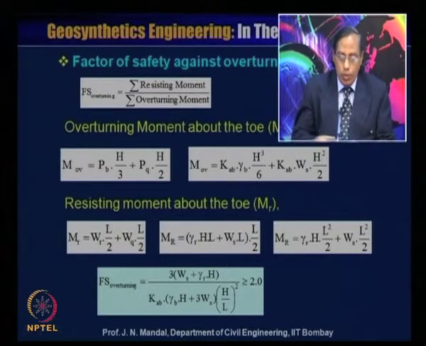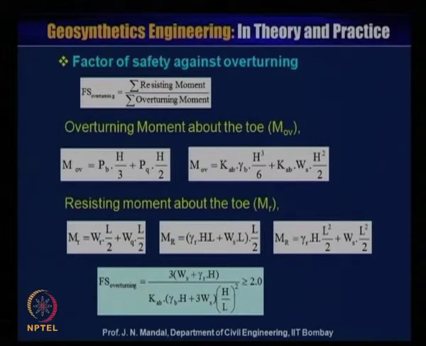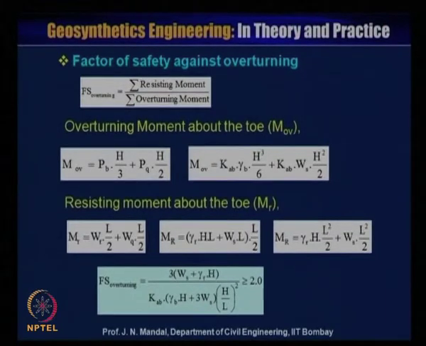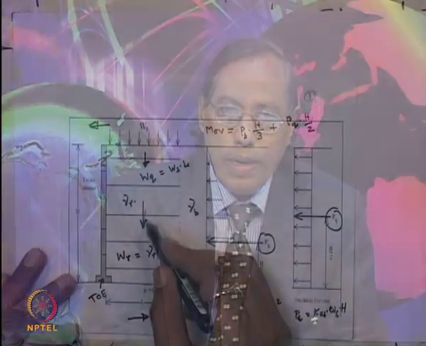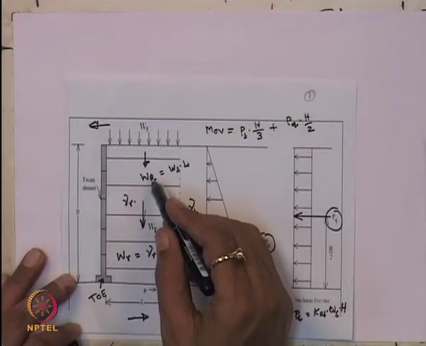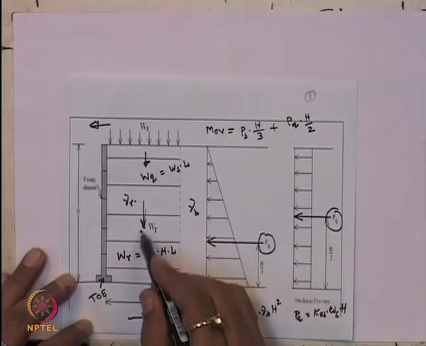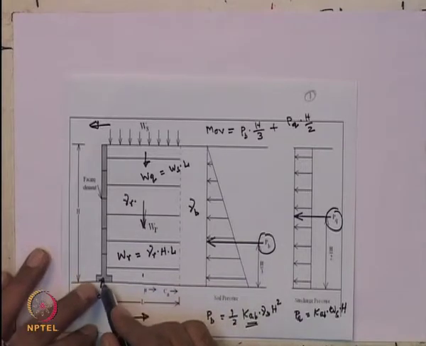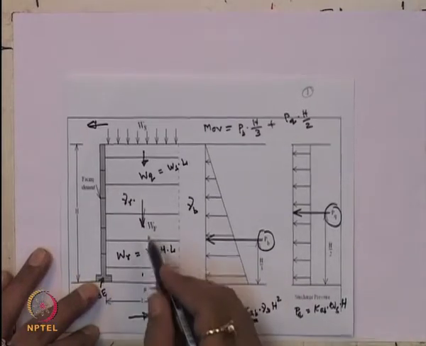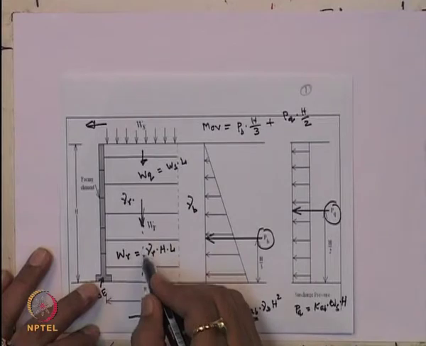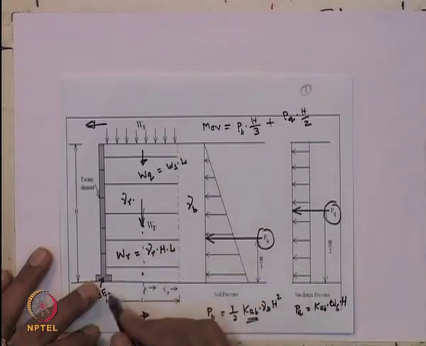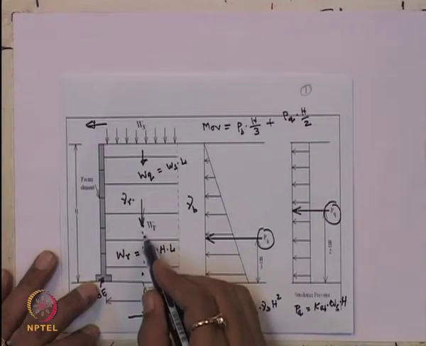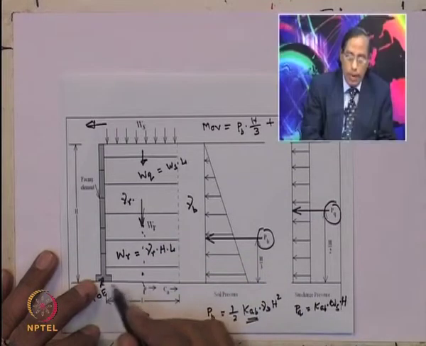For the resisting moment, let us say here is the weight of the wall, and this is the weight of the surcharge. Here is the weight; you take the moment here, this is the resisting. This is passing through the middle of the wall, so this is WR and this will be at L by 2.